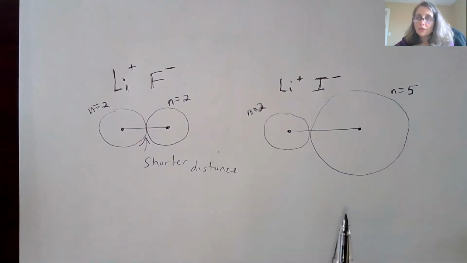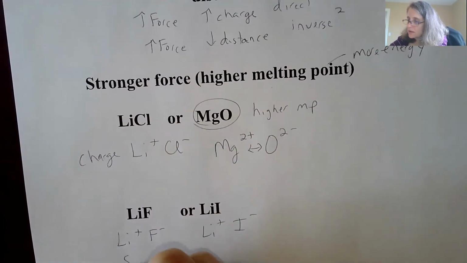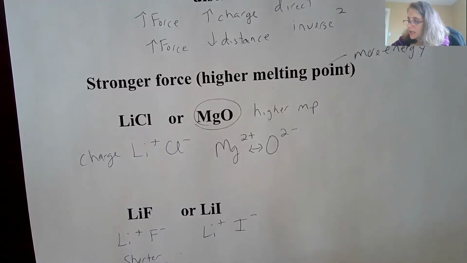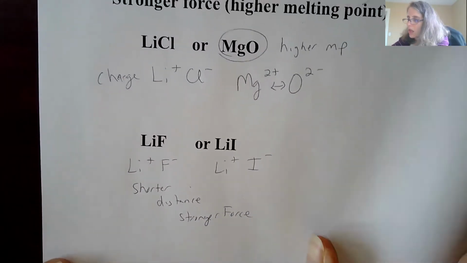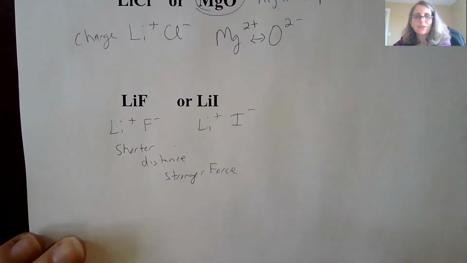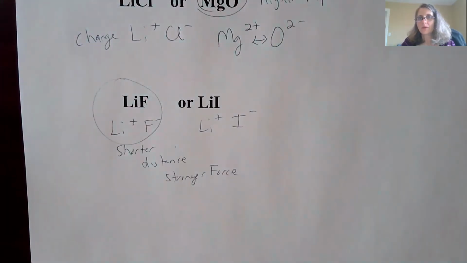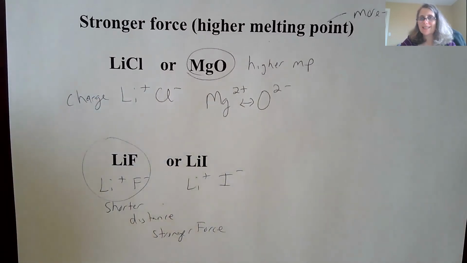If it has a shorter distance, it's going to have a stronger force. Shorter distance, stronger force, therefore that's going to have a higher melting point. So the first thing you look at is charge. The next thing you look at is distance.